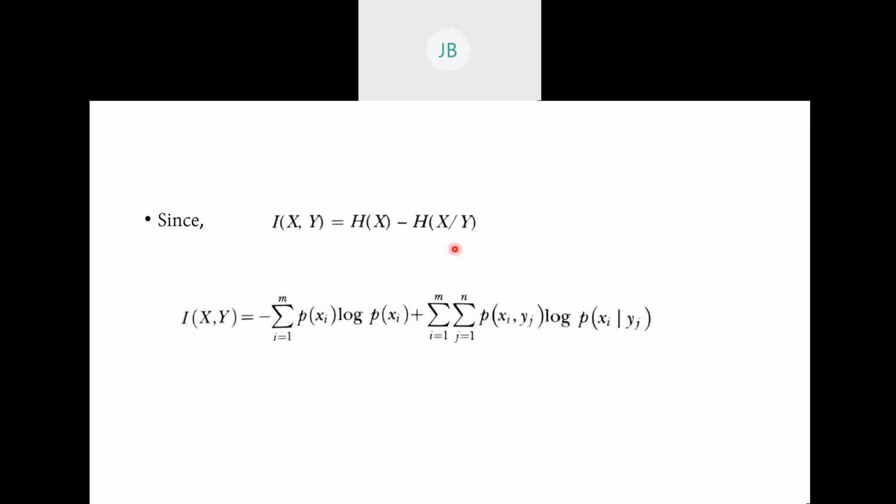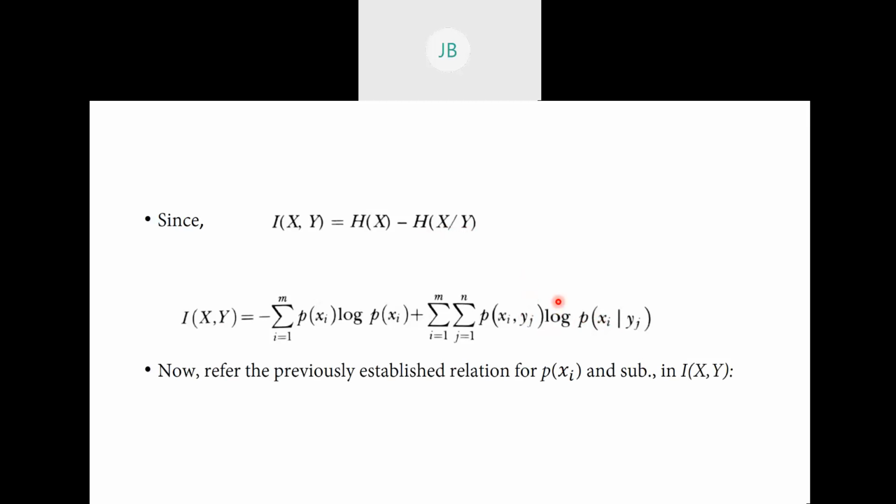So we know the conditional entropy of the input is equal to the joint probability of the input times log of the conditional probability of the input. So this is the general equation for conditional entropy. That is what is written here. Now refer to the previously established relation for P(xi).